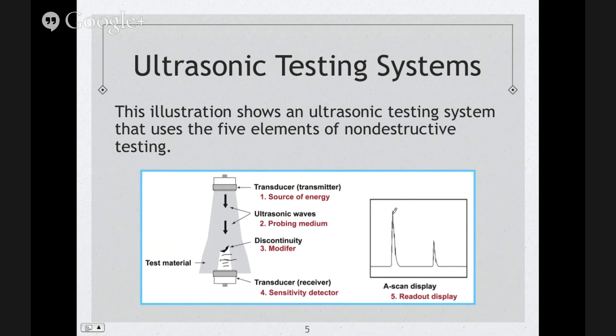And this is going to be our initial pulse, and this would be our signal that is being received.